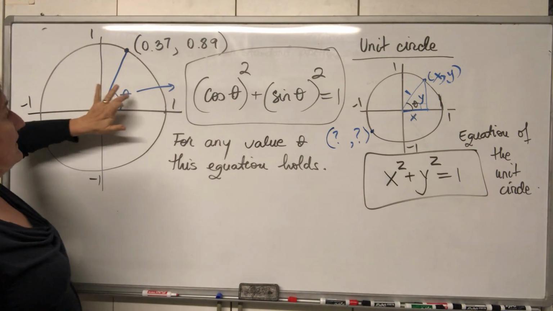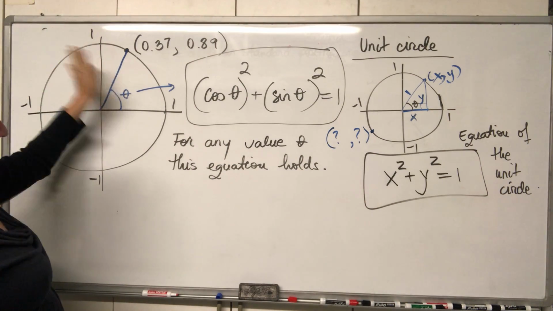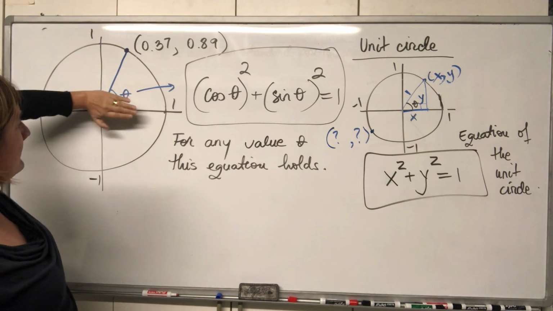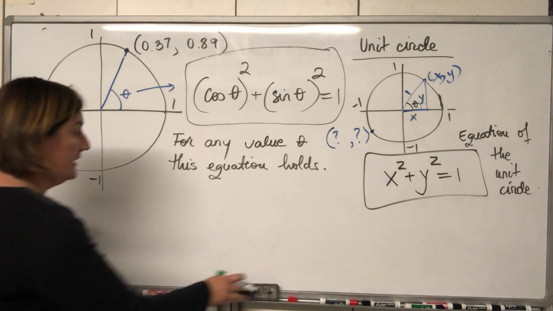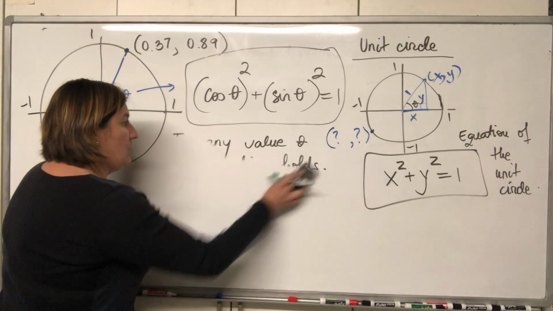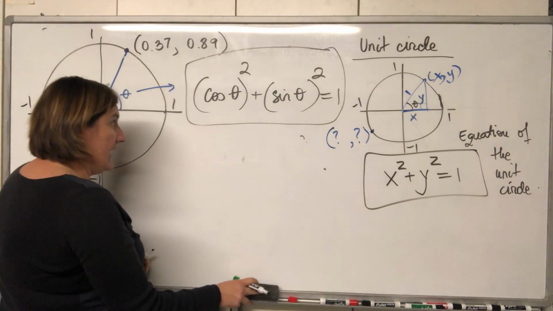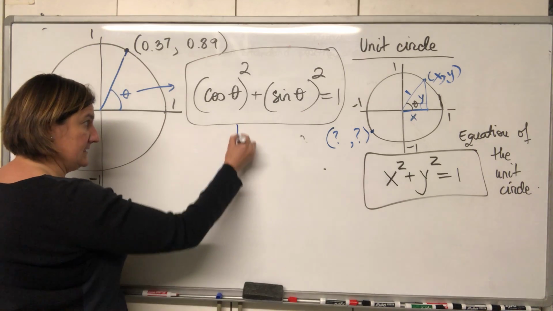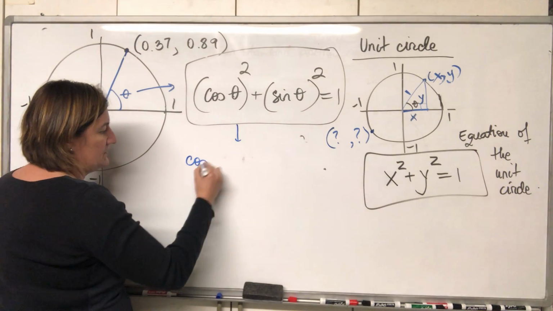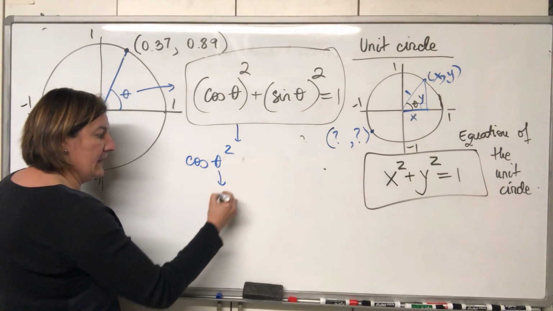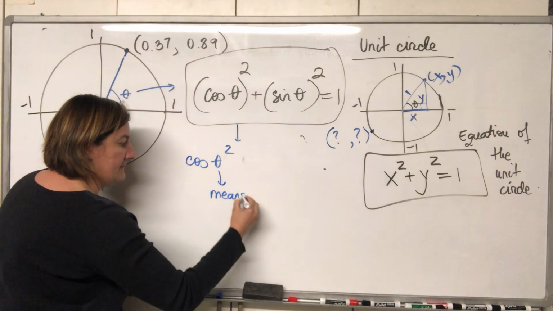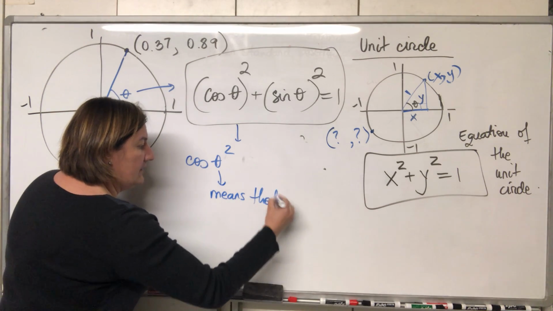So not the 3 or whatever I put here, not that number, the angle, but what the coordinates are. So you're not squaring the angle, which is why we're going to write this a little bit differently. It doesn't make sense to write cosine theta squared. Why? Because that means that what? That we square the what?